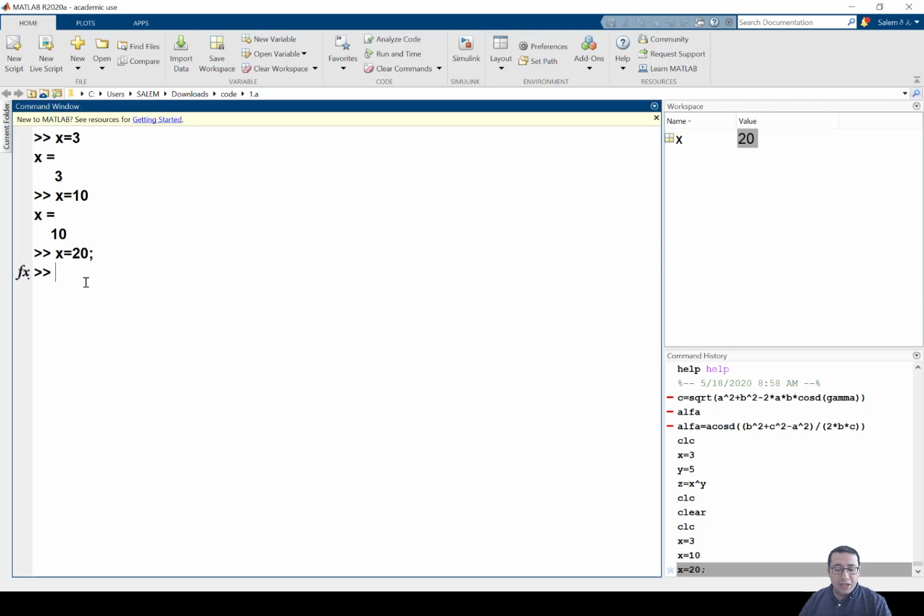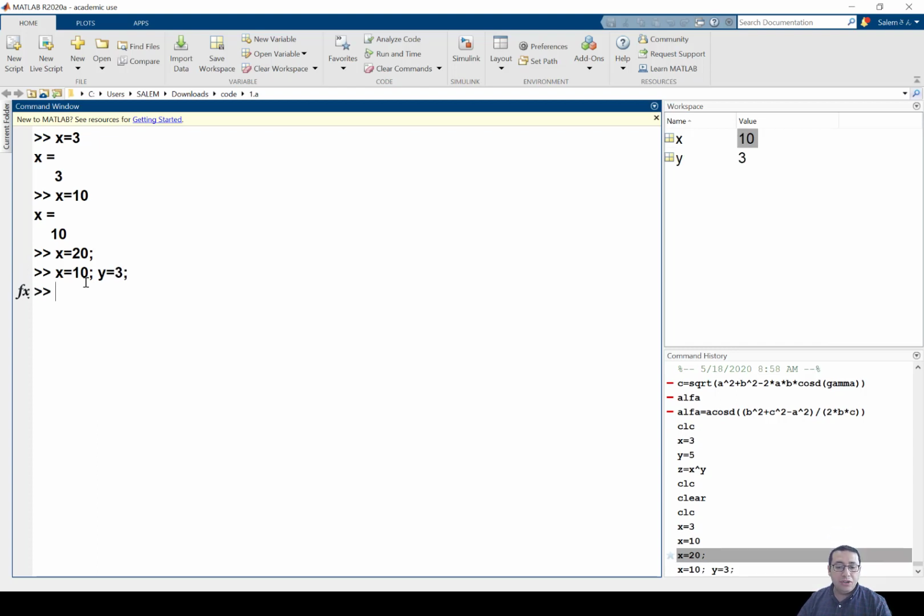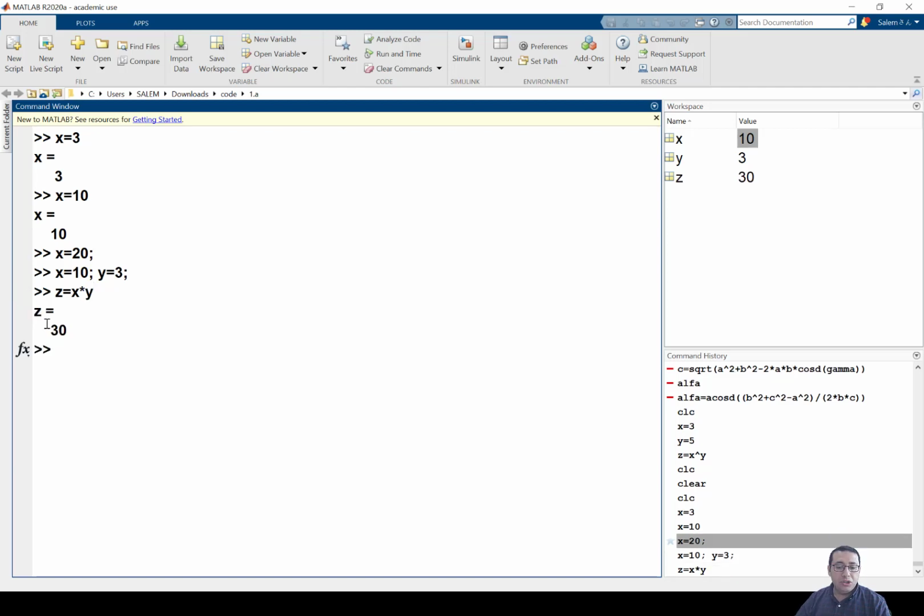And also we can define multiple variables. We can say that x is equal to, for example, 10 and semicolon, and then y is equal to 3 semicolon, enter. There is no echo from that operation. And then we can say z is equal to x multiplied by y, enter, so that z is equal to 30.